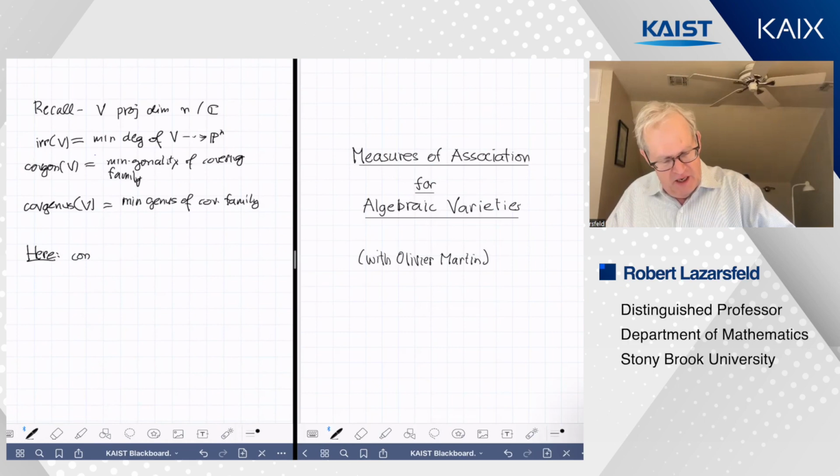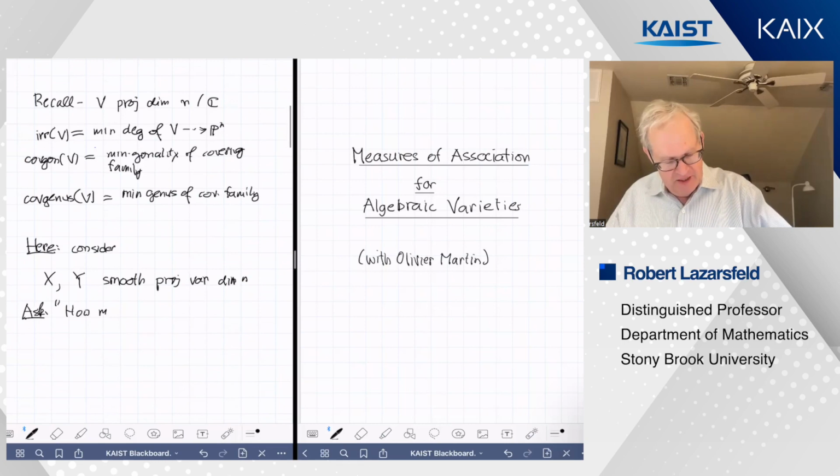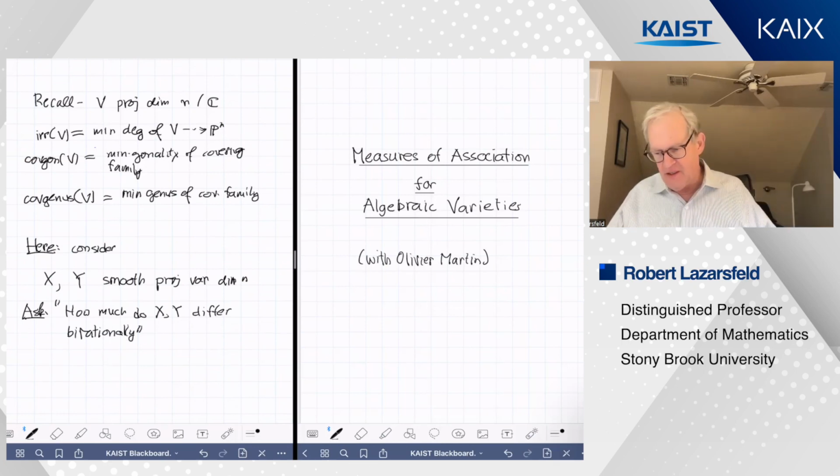I want to consider two different smooth projective varieties X and Y of the same dimension n over C. And I want to ask, vaguely speaking, how much do X and Y differ birationally?